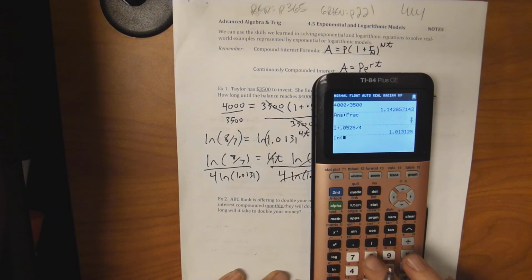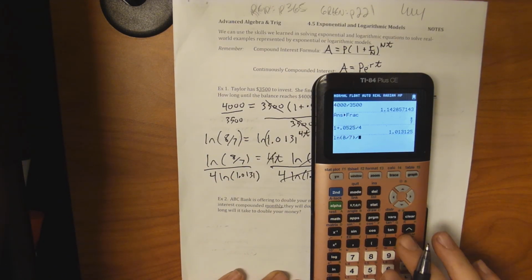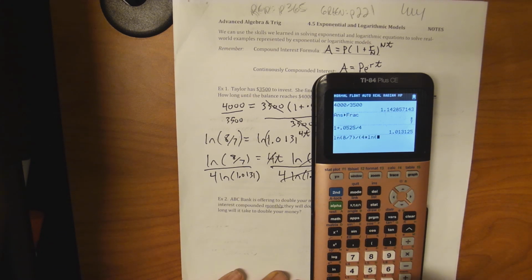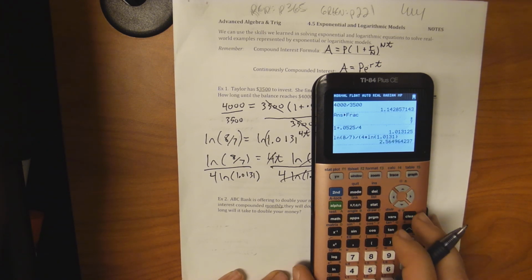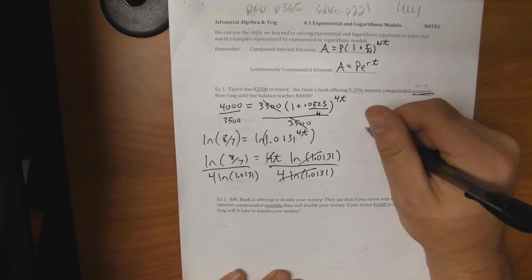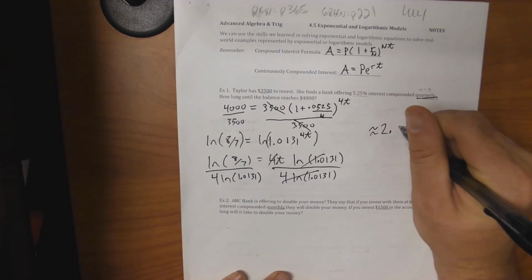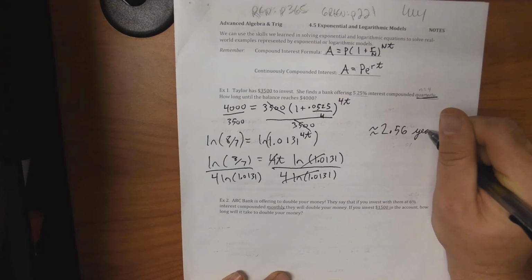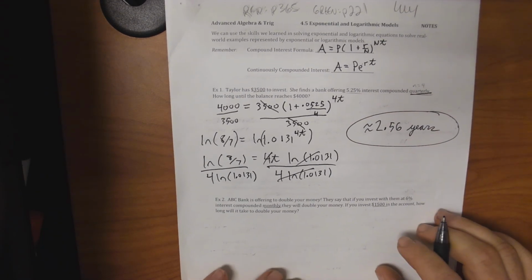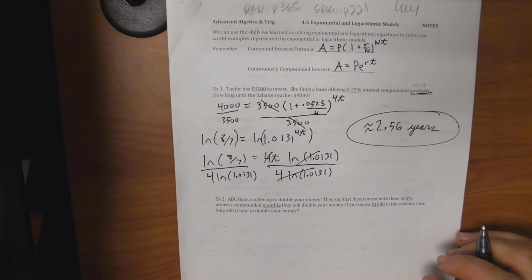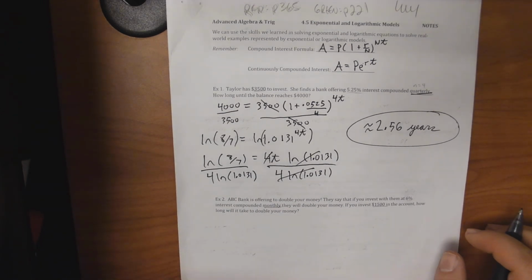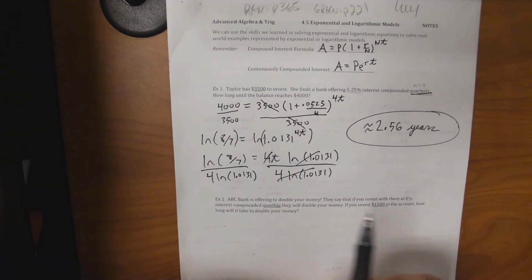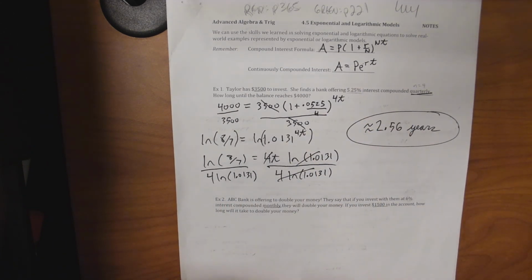So we have natural log of 8/7 divided by the quantity 4 times natural log of 1.0131, as you can see there. And that's roughly 2.56 years. So it'll take roughly 2.56 years to reach that amount. This is just plugging numbers into a formula and using those solving skills we learned from 2 lectures ago.